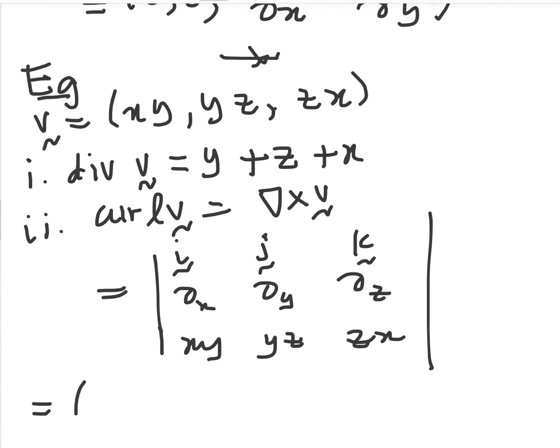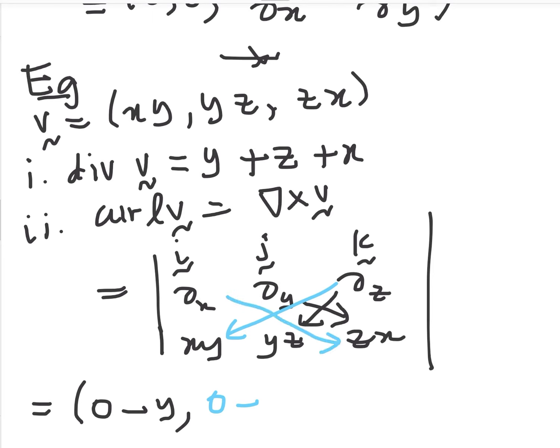If we are to spell that out, you're differentiating zx with respect to y minus differentiating yz with respect to z. Then remember here the order changes. For the second component, you're differentiating xy with respect to z, and then zx with respect to x. That gives you z.